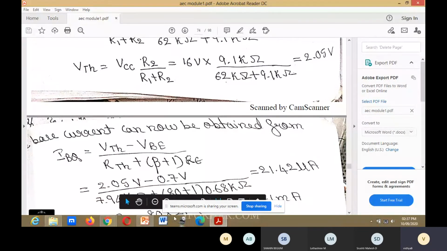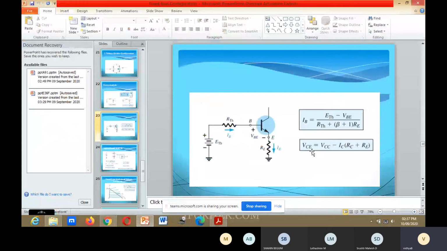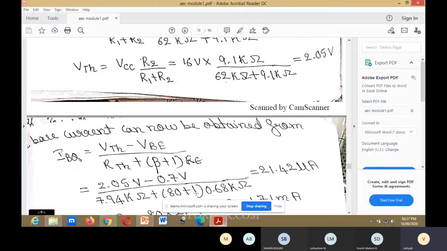IBQ is equal to what? Next we will consider the base emitter loop and write the equation. After solving, IB is equal to VTH minus VBE divided by RTH plus open bracket beta plus 1 close bracket RE.